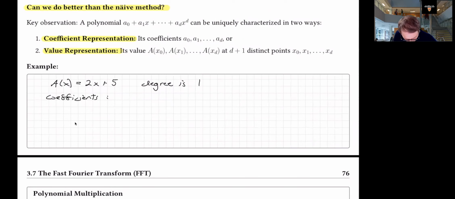The coefficients are a0 equals 2, a1 equals 5. And that, of course, defines the polynomial. And the other would be the value representation. Value representation is just evaluating that polynomial at 2 points. So let's take any two values.